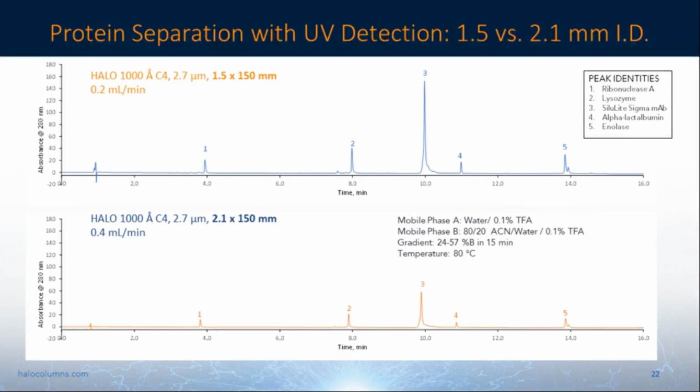We injected 2 microliters of the same concentration protein mix for both columns. On average, we're seeing double the peak areas with the 1.5 millimeter ID column. The peak heights are approximately 1.7 times taller with the 1.5 millimeter ID column. And if we were able to reduce our dispersion even more, we would expect the peak heights also to be, on average, 2 times bigger.